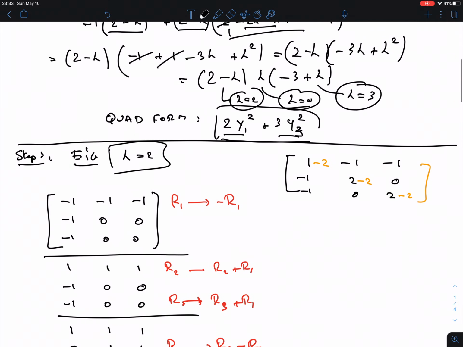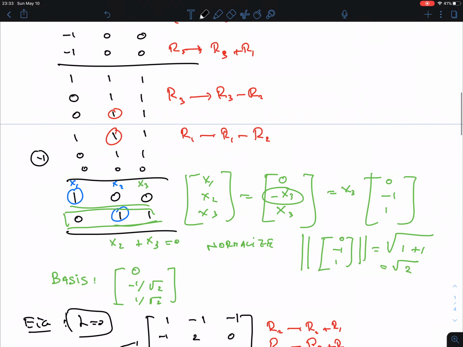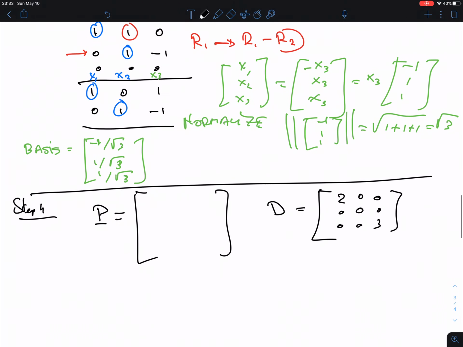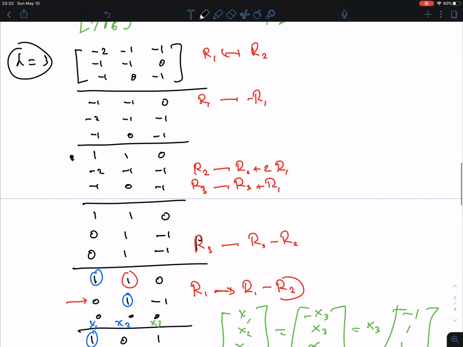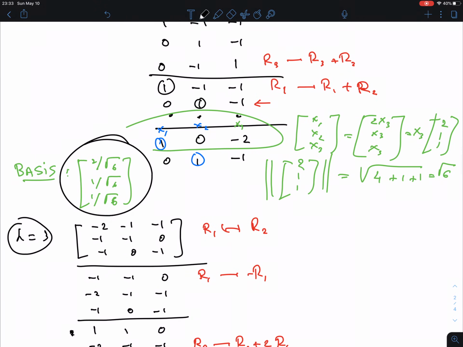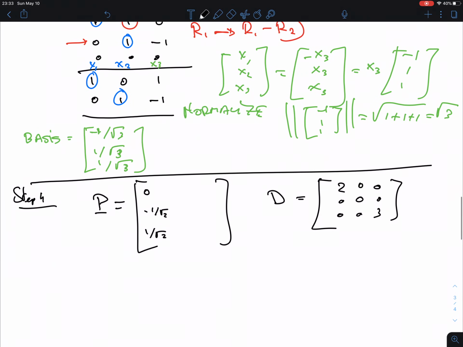For 2, we had the basis vector, where is it? This guy, 0, minus 1 over radical 2, 1 over radical 2. Then for 0, our basis vector was this guy, 2 over radical 6, 1 over radical 6, 1 over radical 6. And then the last one is here, minus 1 over radical 3, 1 over radical 3, 1 over radical 3.